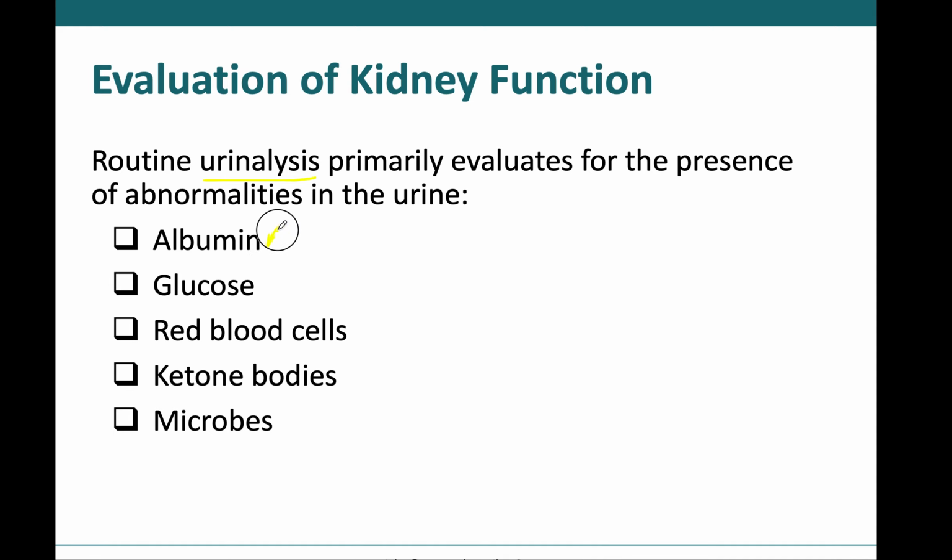The urine should not have any albumin in it, except during pregnancy. So when they do urinalysis, they check albumin, and they check glucose. Urine shouldn't have glucose in it. If there is glucose, it means that the person's blood glucose level is more than 180 milligrams per deciliter. There shouldn't be red blood cells in the urine, except very, very few sometimes.